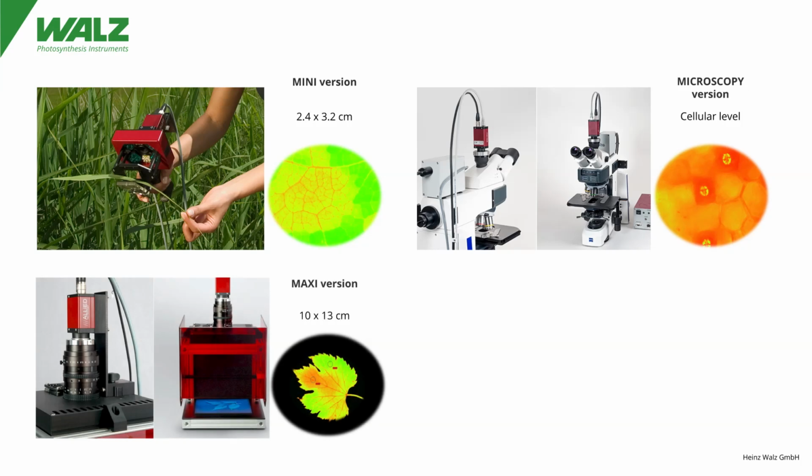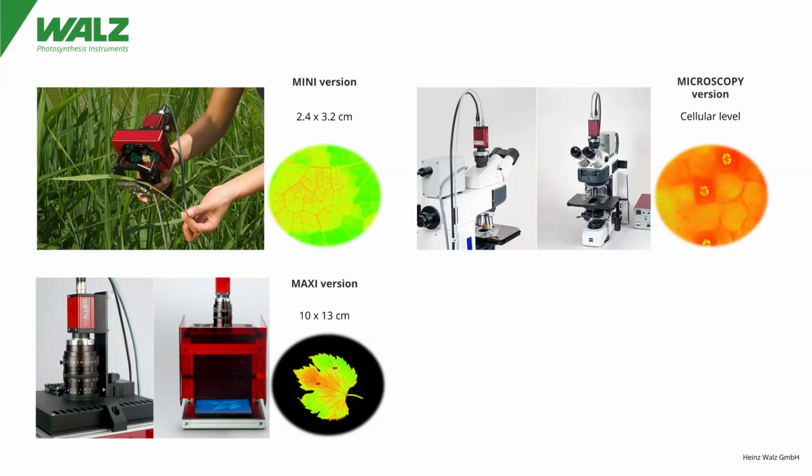Chlorophyll fluorescence imaging was originally developed to visualize spatial heterogeneity in plants or leaf tissue. As imaging systems grew in size and power, the ability to measure multiple samples simultaneously became increasingly important. The imaging-PAM Maxi version covers an area of 10 × 13 centimeters.